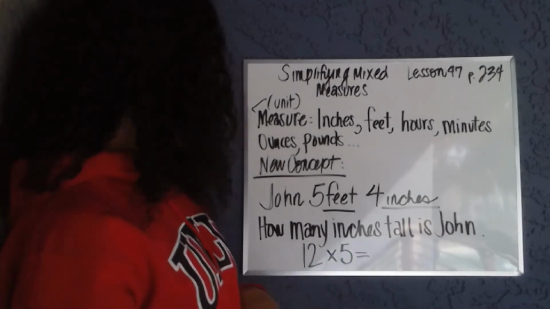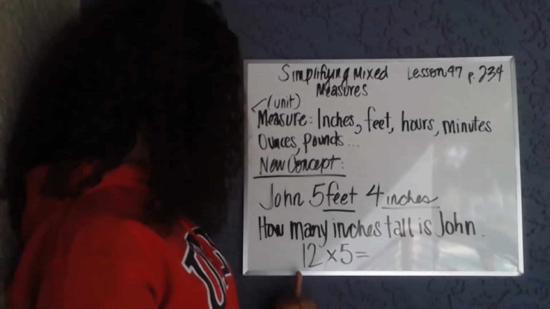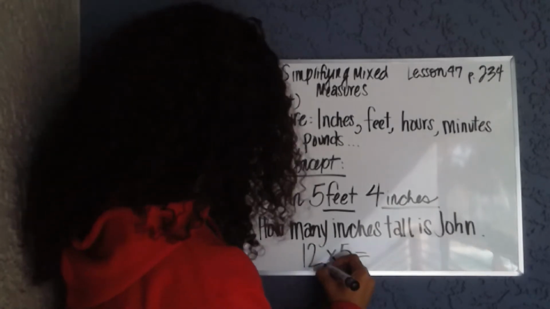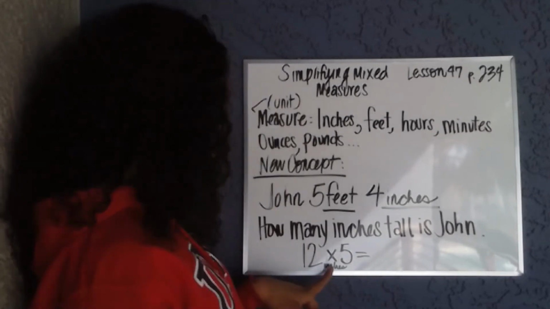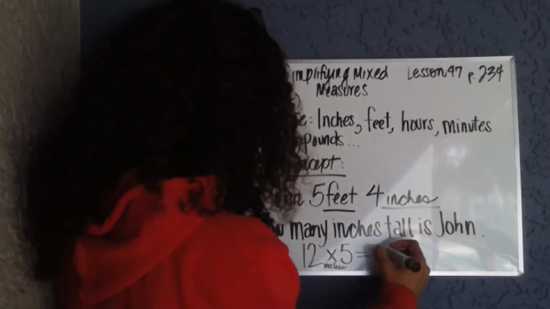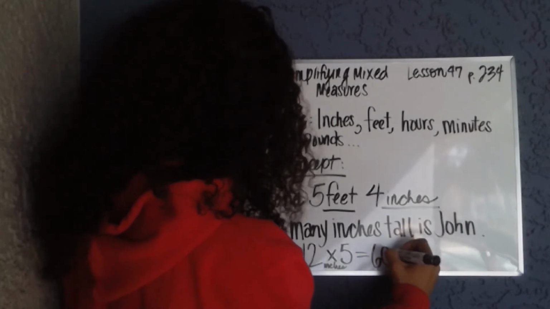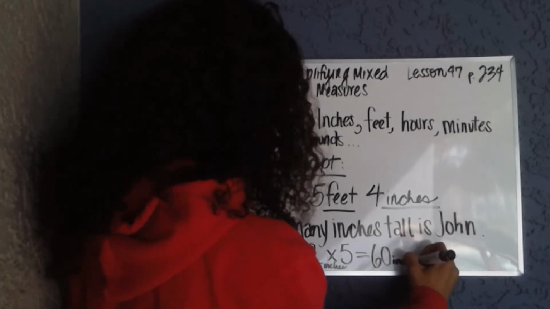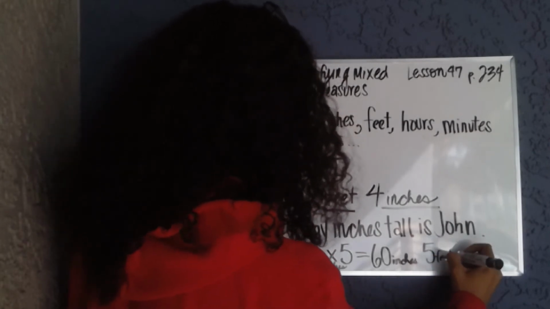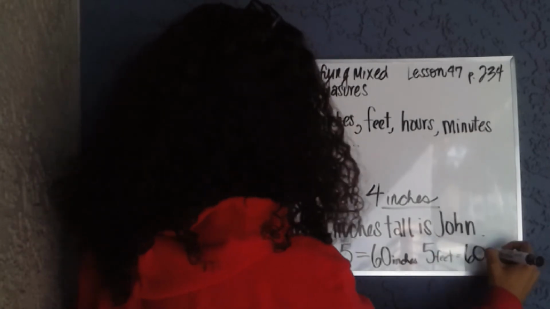So I'm looking at 12 times 5, right? 12 inches. I'm going to go ahead and add inches to this because we're converting to inches. I know that that equals 60. So it's 60 inches, right? So 5 feet equals 60 inches.